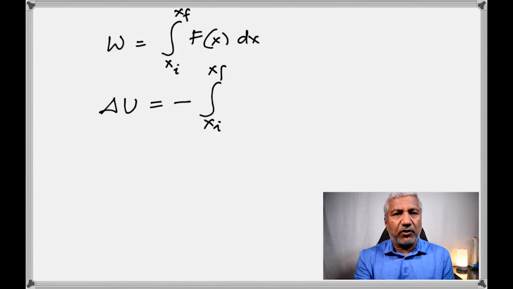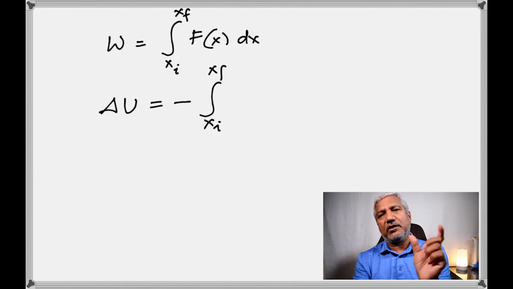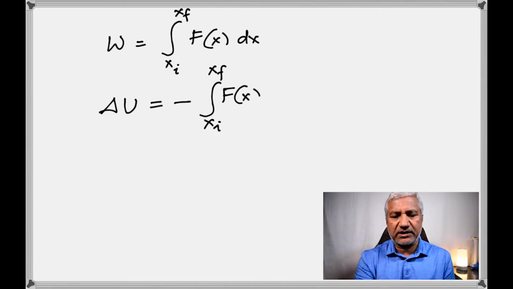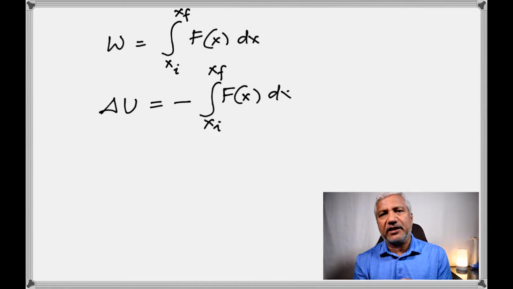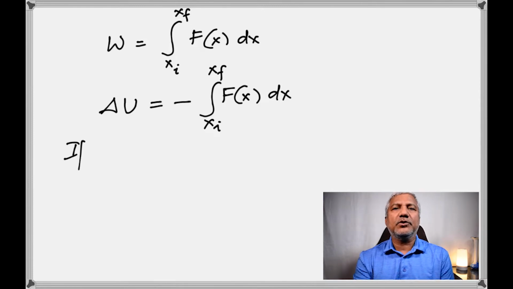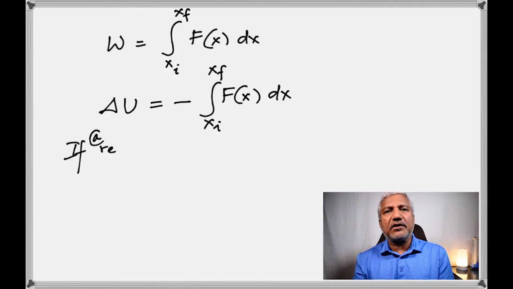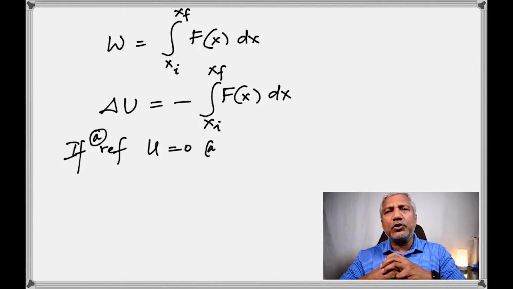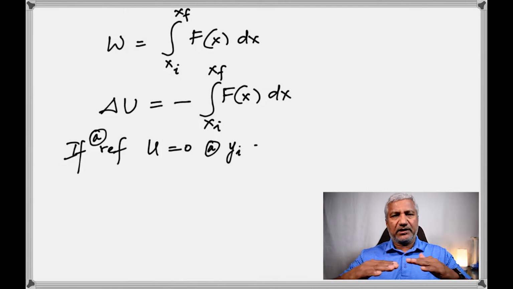But since we've already got the relation between change in potential energy and work, we can now say that the change in potential energy, delta U, is the negative of the same thing, because delta U is the negative of the work. And whenever we consider potential energy, we always take a reference level. Usually the reference is the ground.